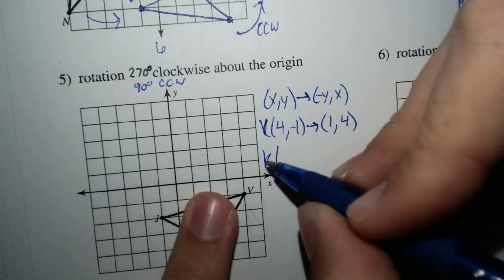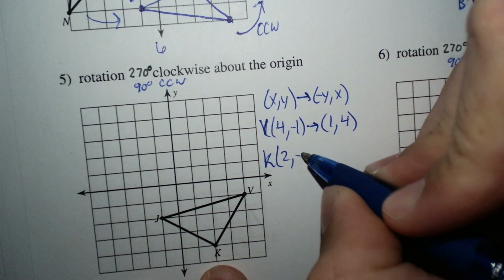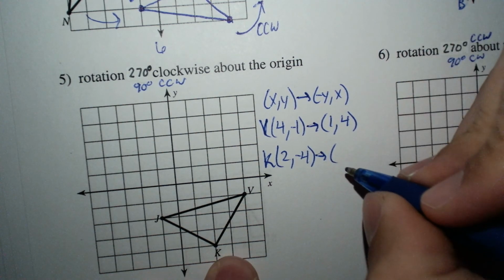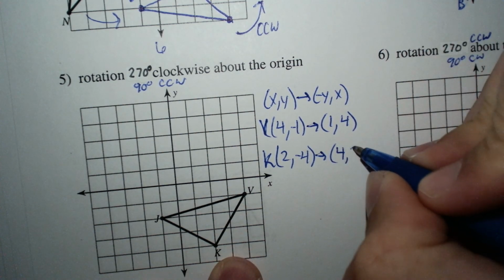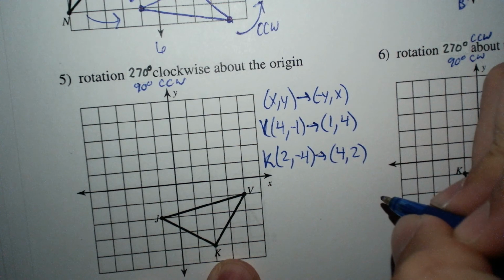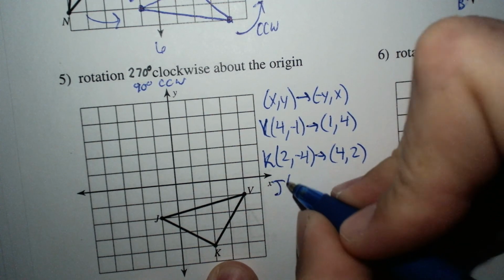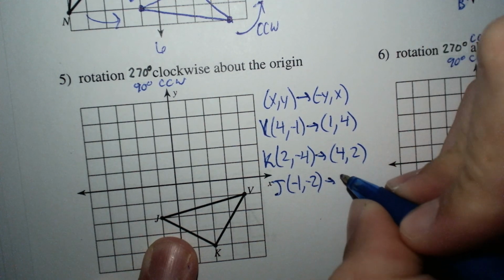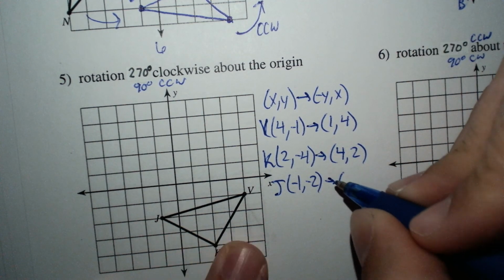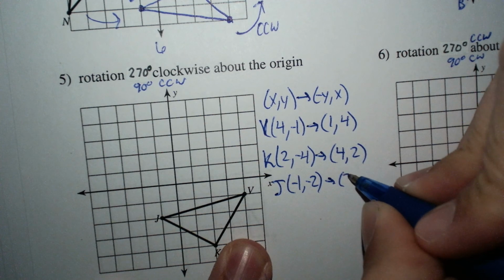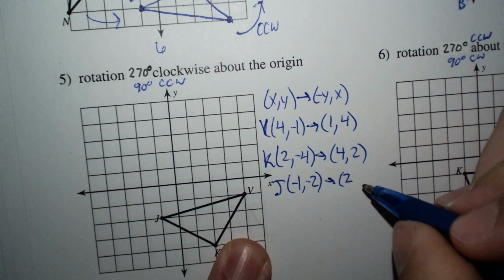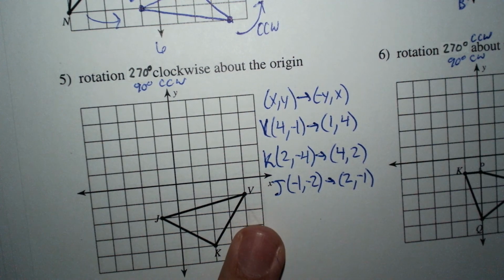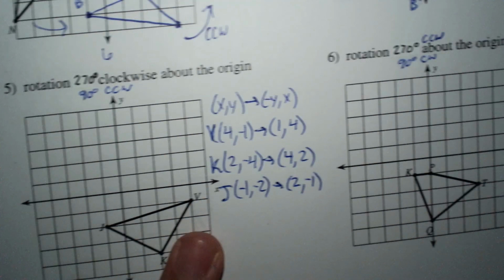K is at 2, negative 4. It's going to change to 4, 2. And J is at negative 1, negative 2. It's going to change to, this time our y is going to go the opposite, and our x is going to stay negative. So those would be your new points for that one.